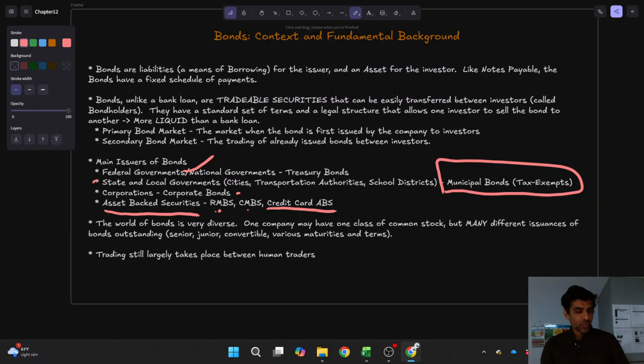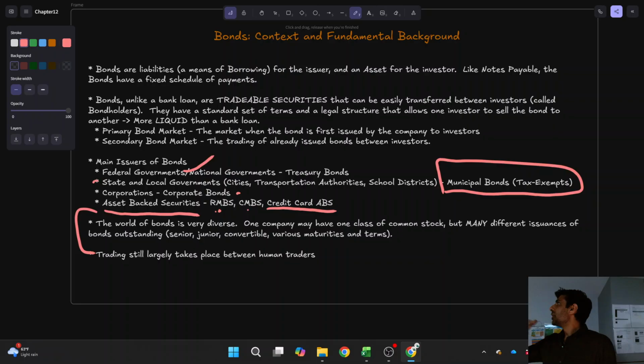Okay. So again, this world of bonds is very diverse. One company may have only one share of stock, the common stock. Berkshire Hathaway has two classes, but they may have many, many different issuances of bonds, because even in the same year, they may issue a 7-year bond and a 3-year bond at the same time.